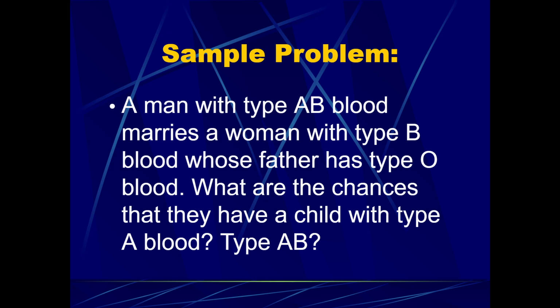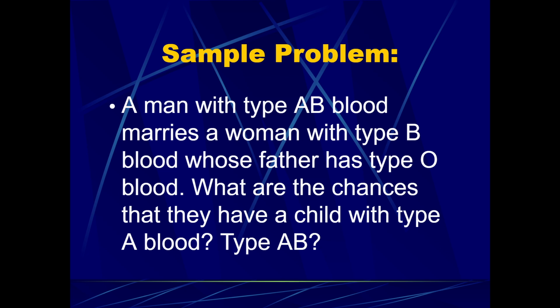We knew exactly what he has, one allele A, one allele B. And we have a woman with type B blood, which could pose a problem. She could be one B allele and one O allele, or she could have two B alleles. But we're also given information about her father having type O blood. So, what are the chances that they have a child with type A blood or type AB?